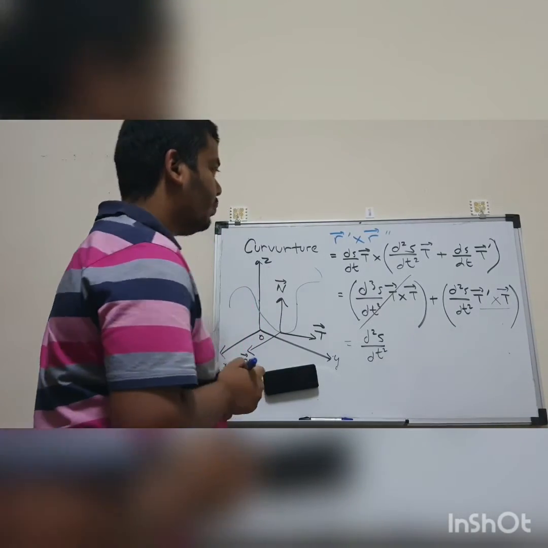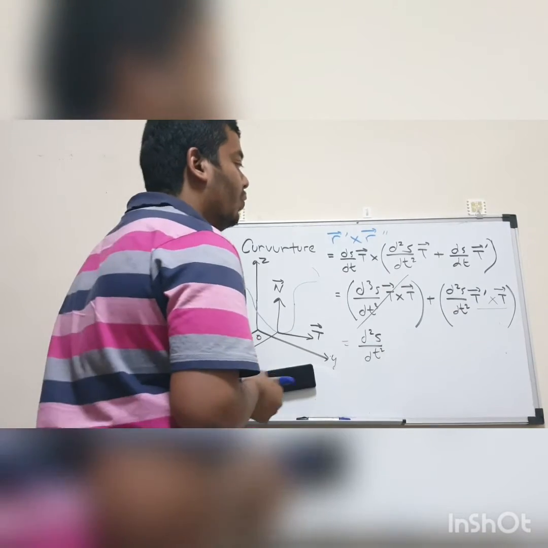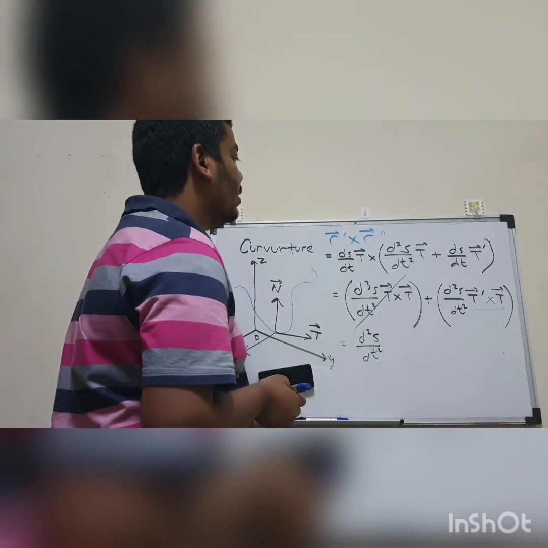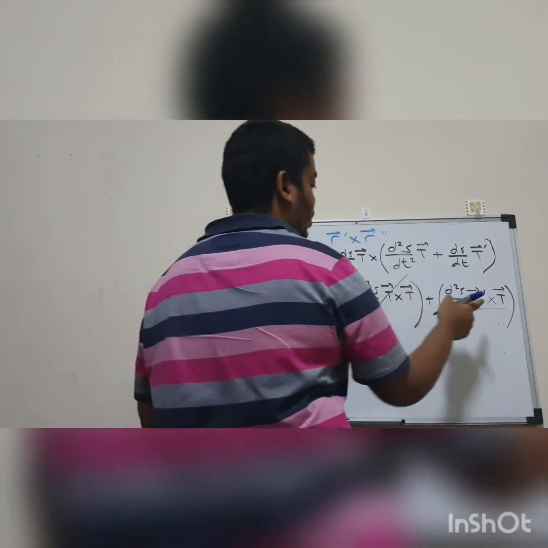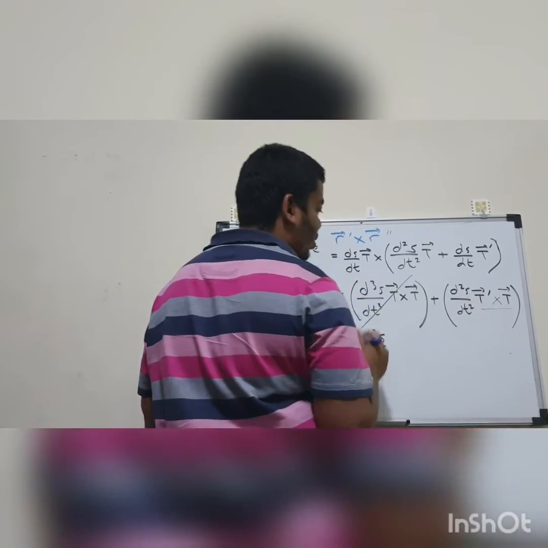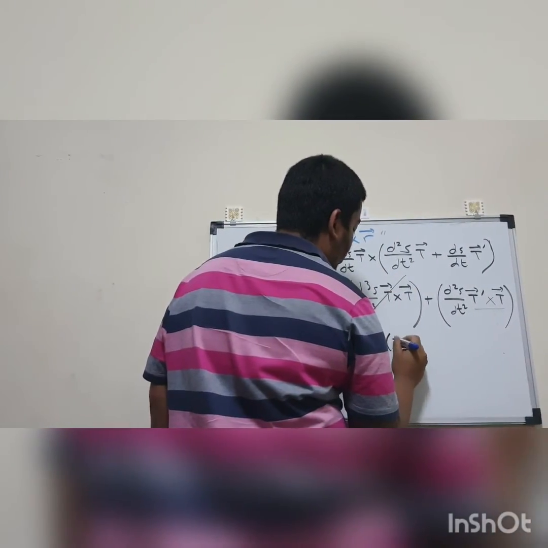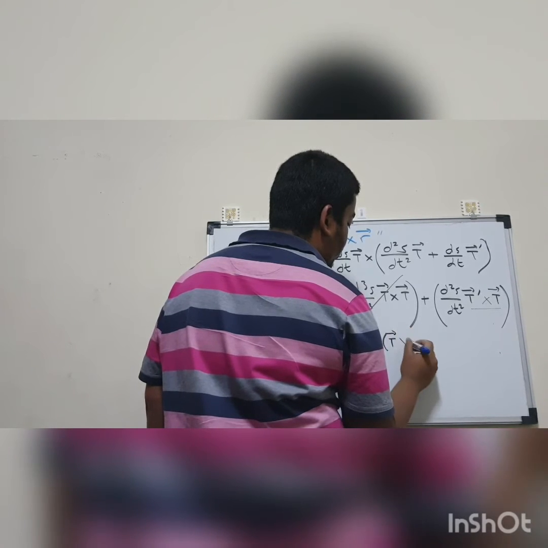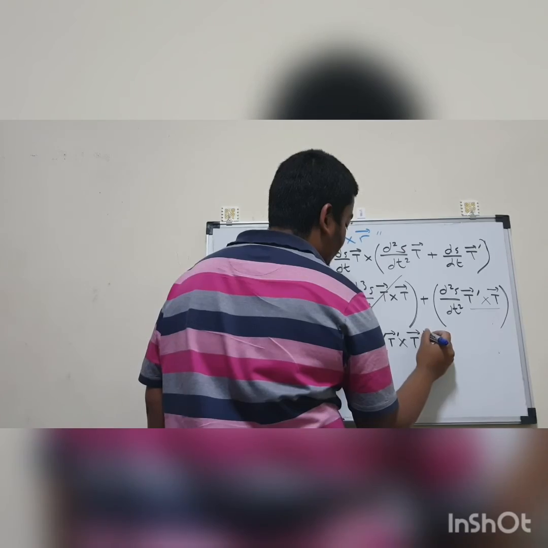Okay, and then obviously we will be left with, because when you take the cross product, we'll be left with this particular thing. Let's not go into conclusion, and let's keep them as it is. Although I told it to be 1, let's just keep them as it is.